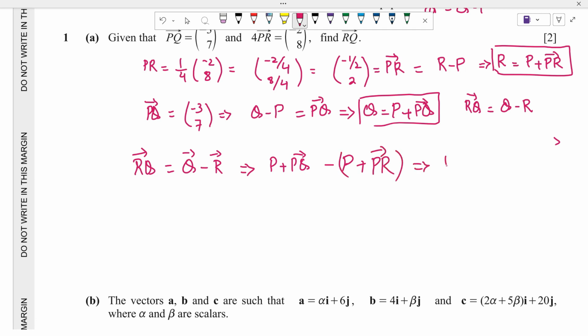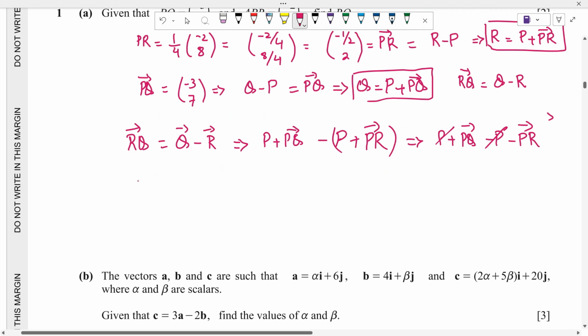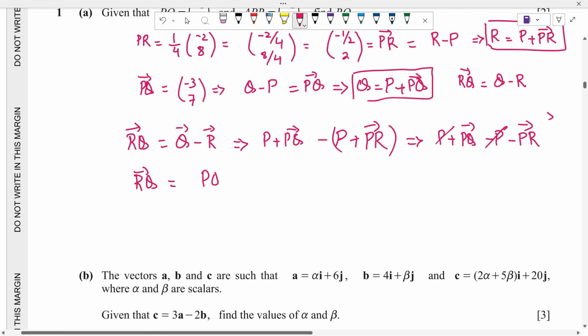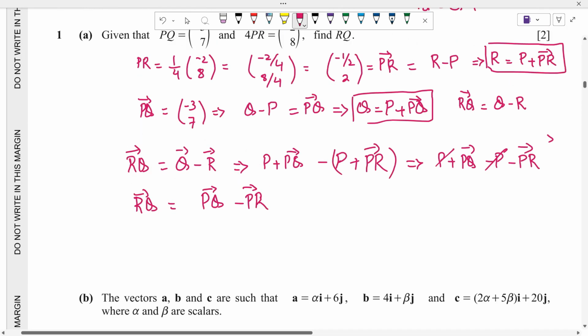Further solving, we will have P plus PQ minus P minus PR. So P will be cancelled out and RQ is equal to PQ minus PR.